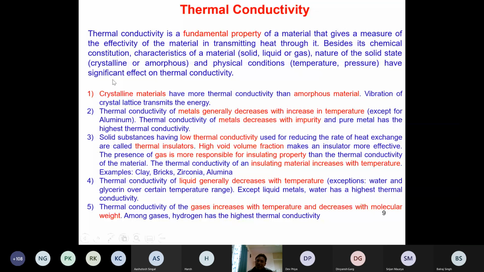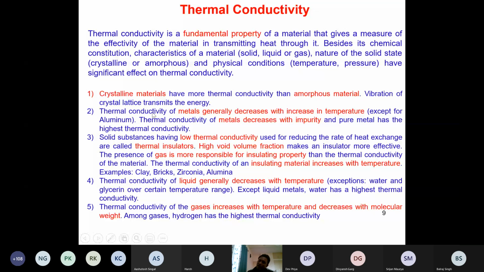It depends on whether the material is crystalline or amorphous. It also depends on physical conditions like temperature and pressure. Generally, in crystalline material, heat is transferred by the vibration of the crystal lattice, and therefore crystalline material will have a higher thermal conductivity compared to amorphous material.